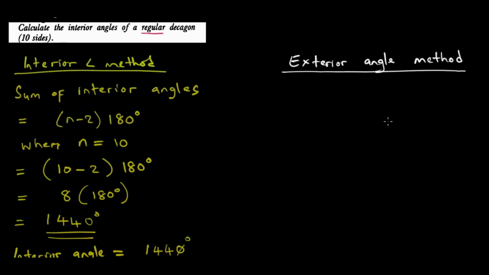How are we going to do that? Okay, so let us just imagine part of this shape. Of course, I'm not going to draw all 10 sides. So let's say this is just part of that shape. Then this is our interior angle, and that is our exterior angle.